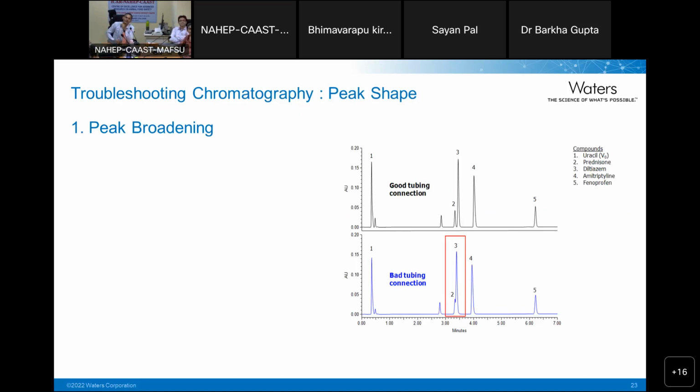If there is dead volume in the column fitting, that could lead to this type of problem wherein only one peak gets affected. I mean, two peaks are there, but they are getting merged. That shows that it is not separating out properly. So that could be a reason related to the tubing connections or the column connections, the tubings and fittings you are using.